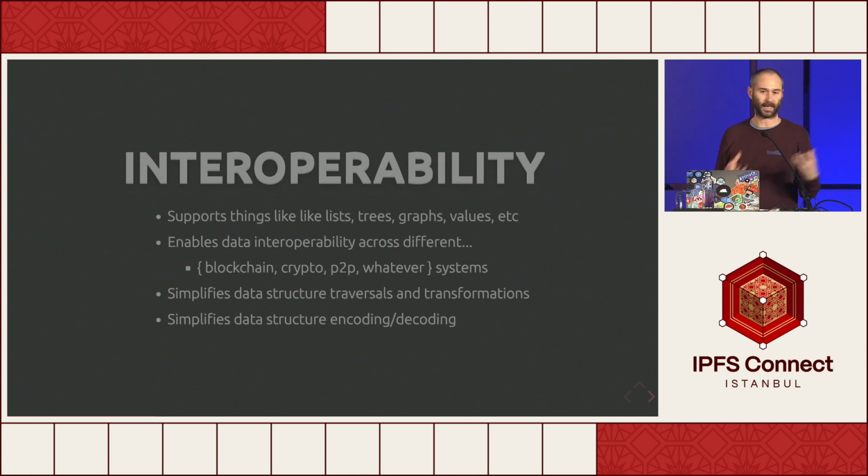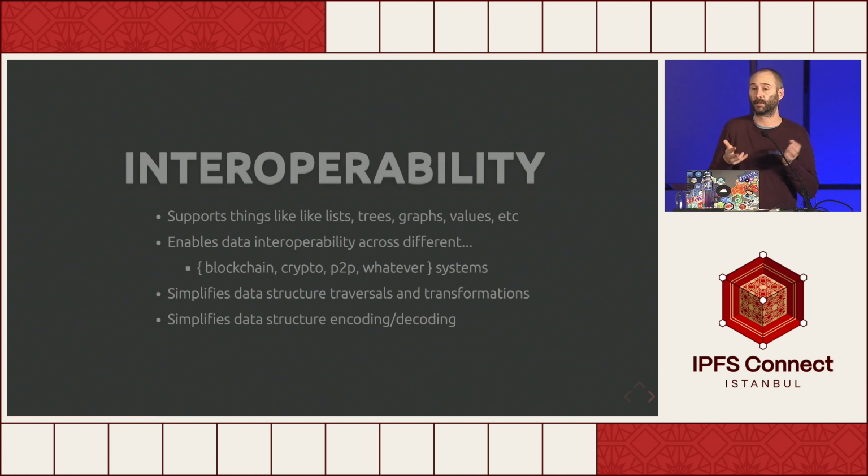And IPLD has this concept of data interoperability built in as a core piece. So IPLD can represent all sorts of things that you care about as a developer or a programmer, like lists and trees and graphs and raw values and things like that, as well as links between all of those different things. And so you can interoperate between IPFS and different blockchains.